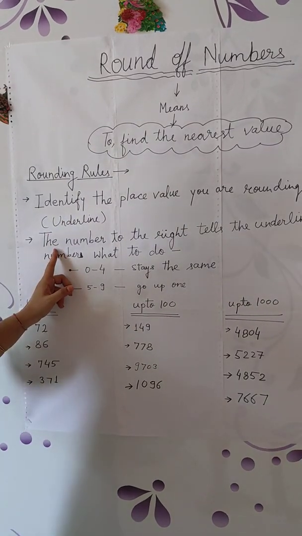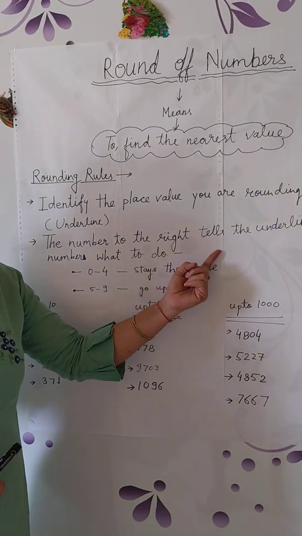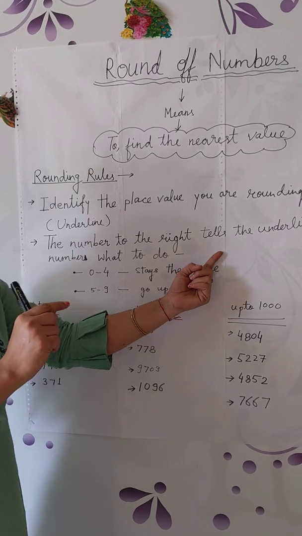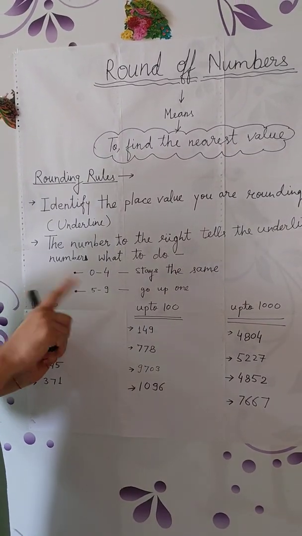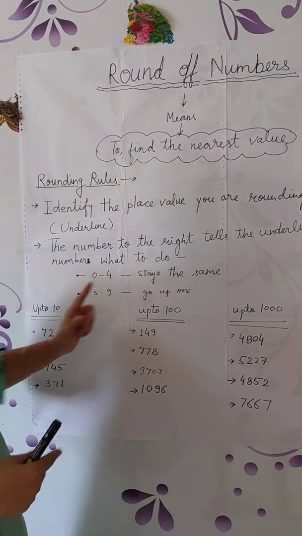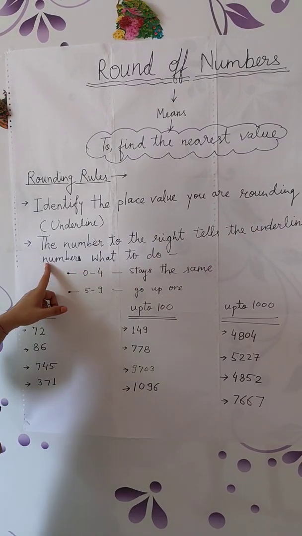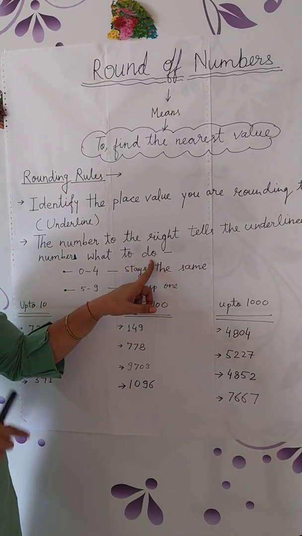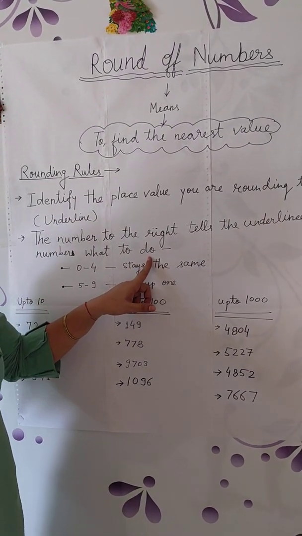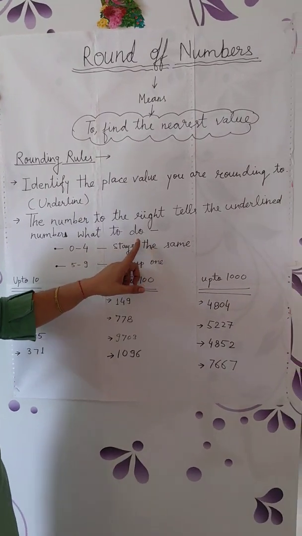Second, the number to the right, just the number to the right side of the underlined number, tells the underlined number what to do. Here is the rule.